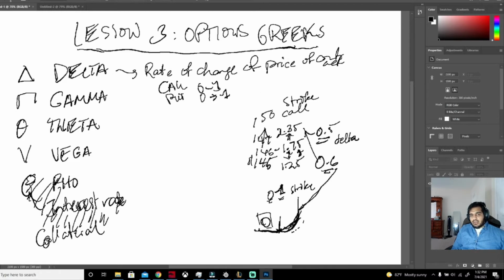Here it goes up; in the other case, it does better when it goes down. A negative delta really means that as the price goes up, you lose money, and that's for a put. So in our case, we have to take the inverse of that to be negative.